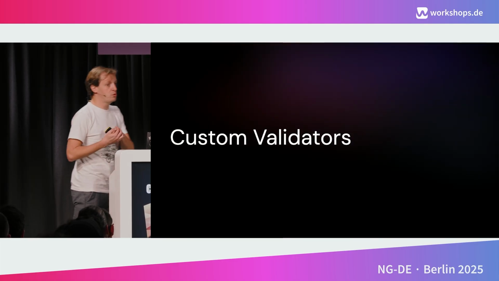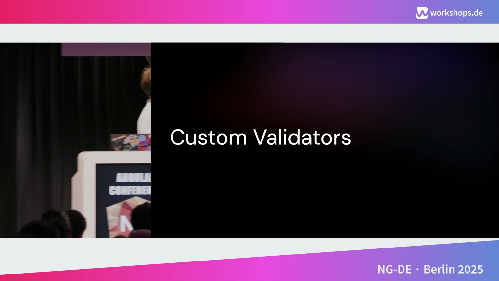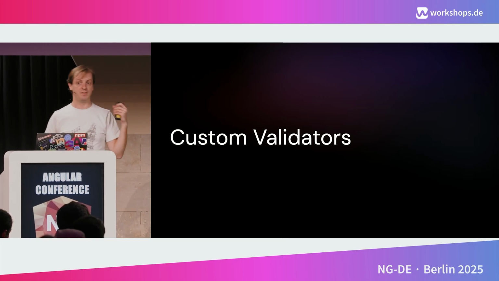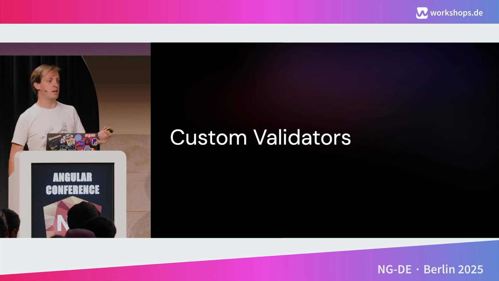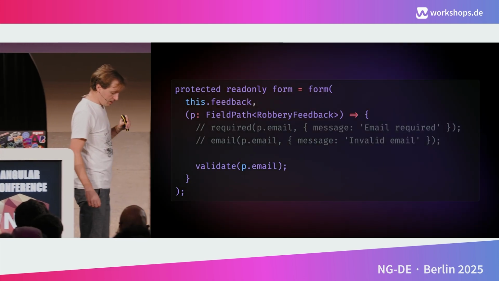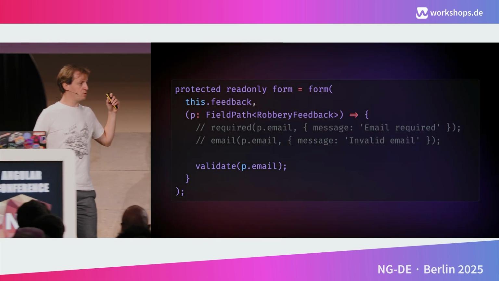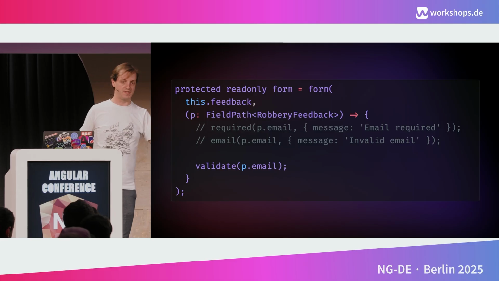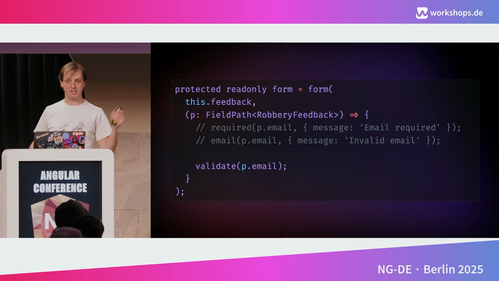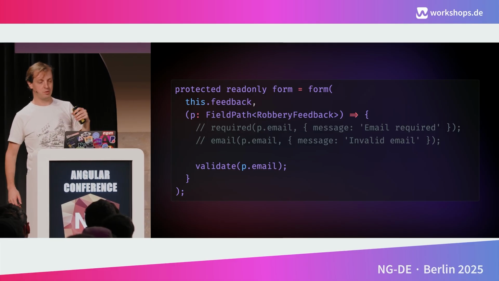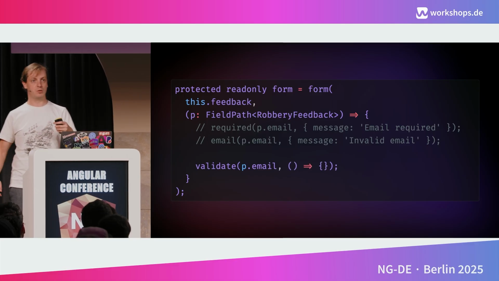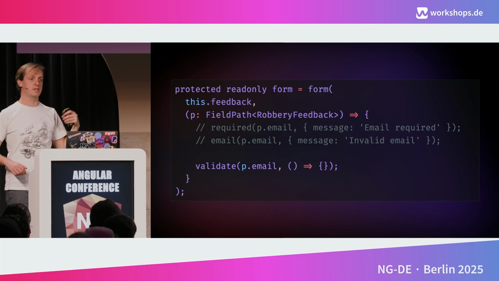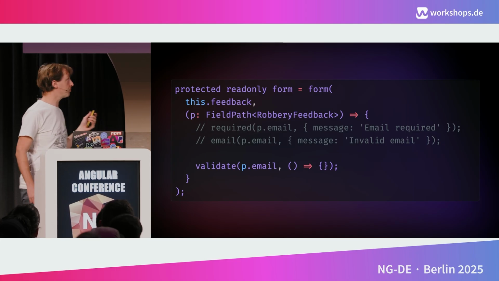Now, imagine you want to build custom validators, because we know that the initial set that we have won't be enough, and also you want to build in all your rules. You want to have custom validators. So we get back to our form, and we add that little function that is validate. You pass it the email. Once you've done this, you want to add the condition on this. So you add the callback, so you will be able to access the path of the form.